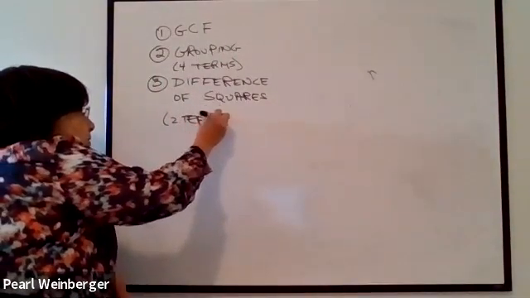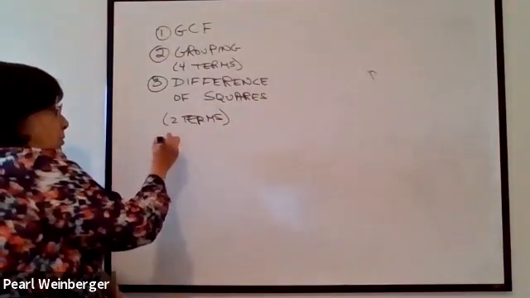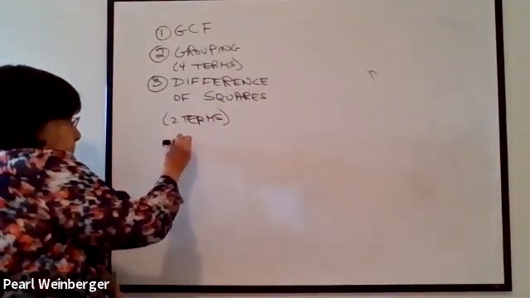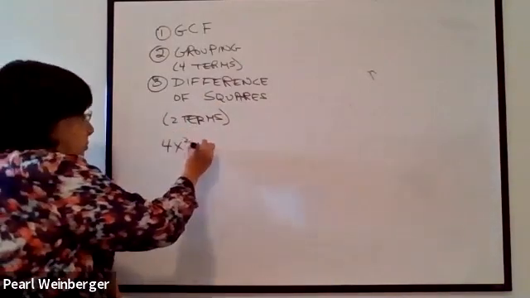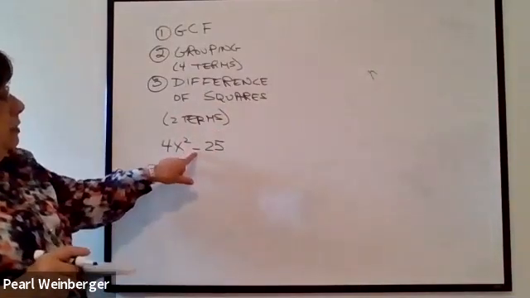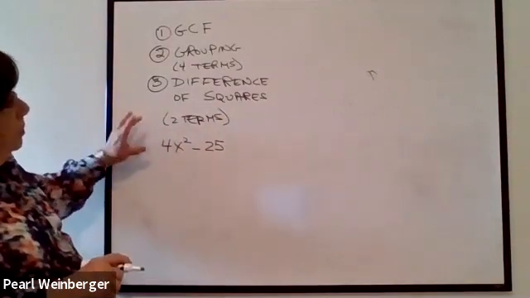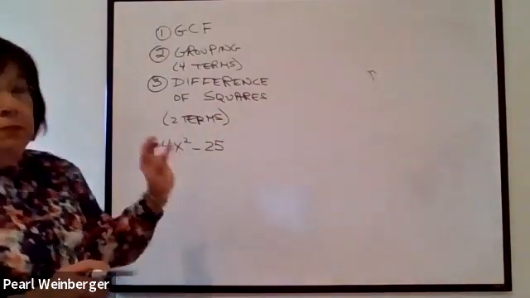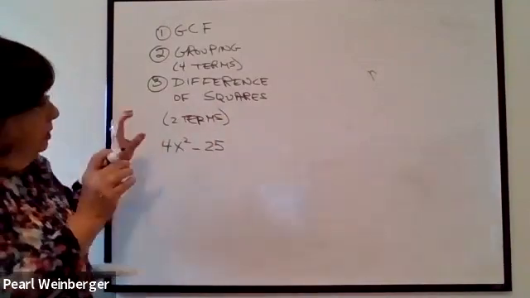Now, what do we mean by the difference of squares? It means that your first term is a perfect square, and your second term is a perfect square, and difference means there's a minus. You're going to have a binomial where the first is a perfect square minus a perfect square.